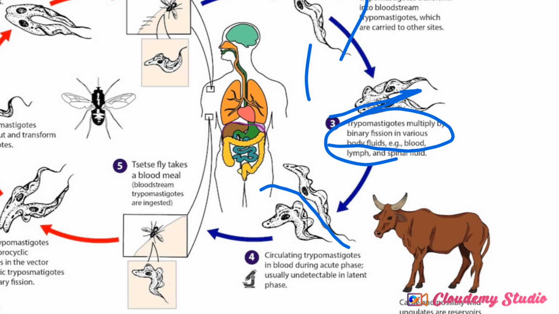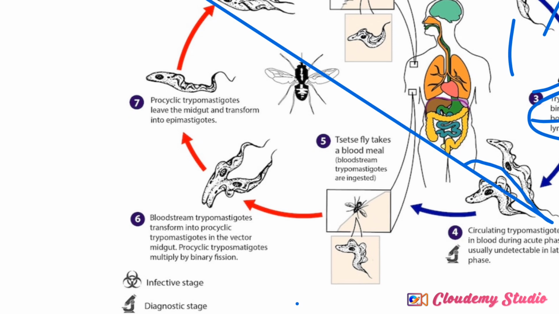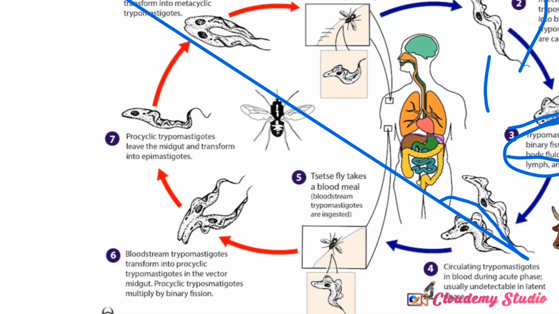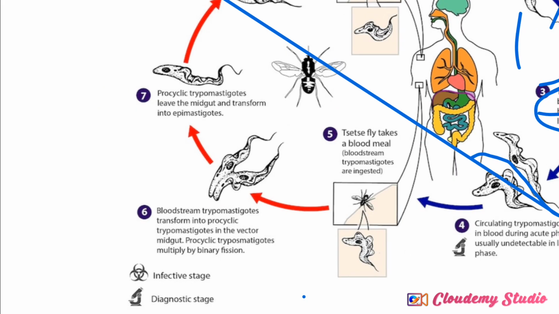Now after separating, Glossina palpalis, that is the tsetse fly, comes to another man and takes a blood meal. Once it takes a blood meal, it takes in the trypanosomes, and they undergo another procyclic stage.